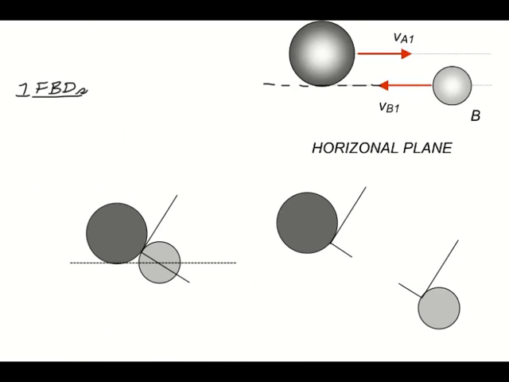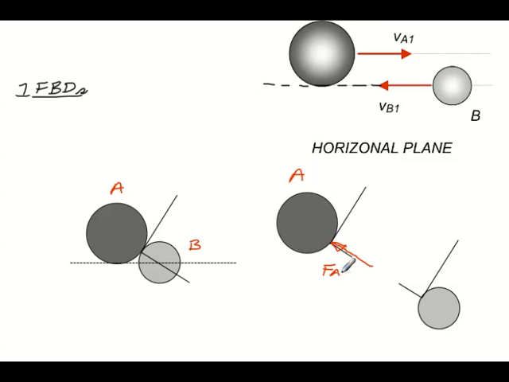So the first thing I'm going to do is look at the FBD of A and B together. Well, there are no forces acting on it from the outside. So that's going to play a big role in what conservation of momentum equation we can use. However, if we look at A by itself, then we have this impact force, FAB.